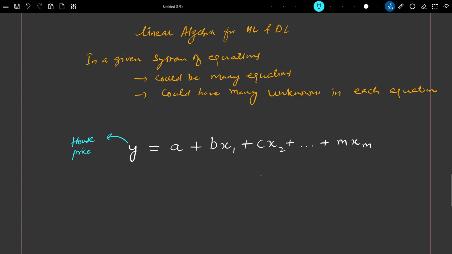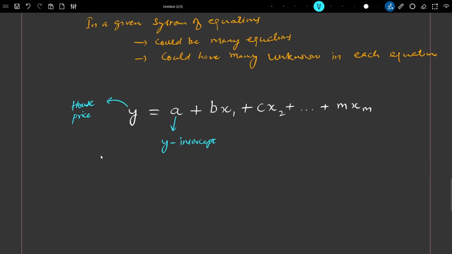To do that, we have this y-intercept, a, which is basically going to be like the average house price typically. And then we have other variables like b, c, all the way to m that are associated with specific input values. The input values are x1, x2 till xm.